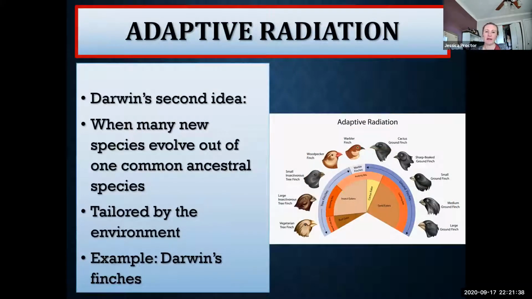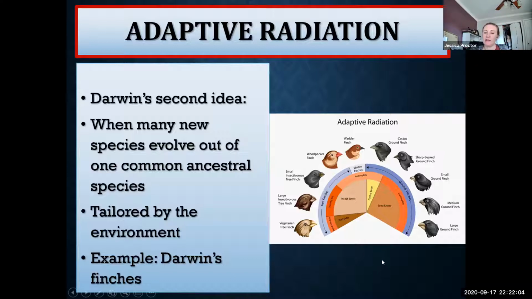So adaptive radiation, that's the term I used when I was talking about the lemurs and also the finches. Remember, it's the idea that once a subset of the population becomes isolated from the parent population in a new environment, they're going to adaptively radiate to fill these new environmental roles or niches. It's when many new species evolve out of one common ancestral species.